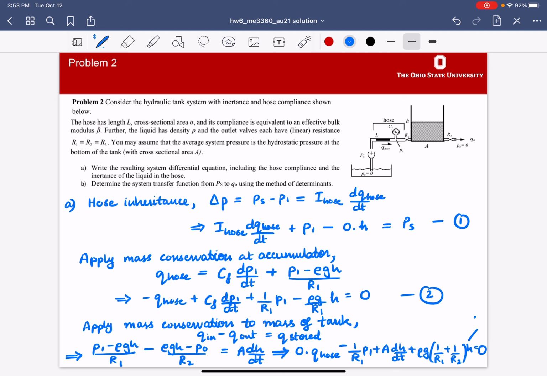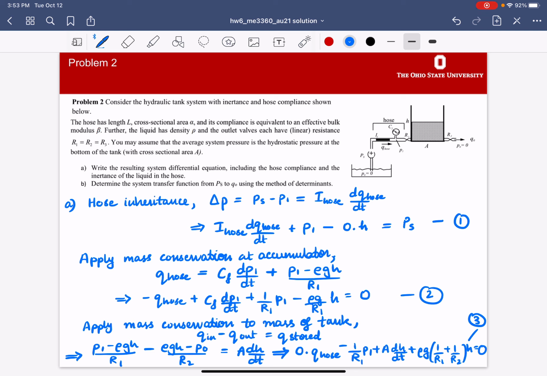And this equation over here is our third and final equation. So these three equations together form the system of differential equations which include the hose compliance and the inertance of the fluid, right, and kind of help us determine the governing equations for the system essentially.